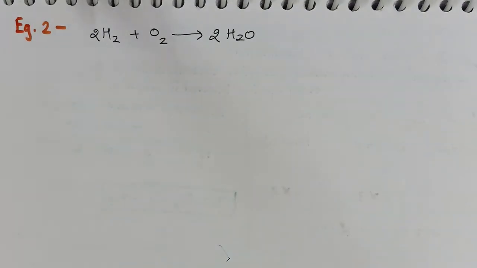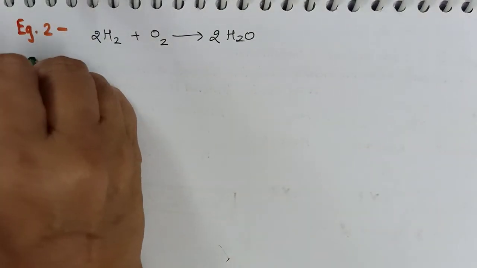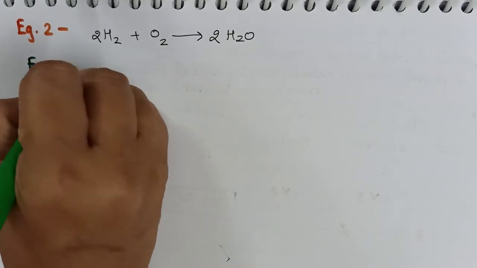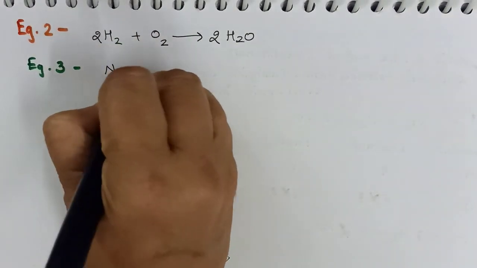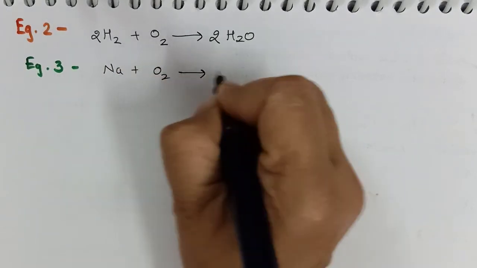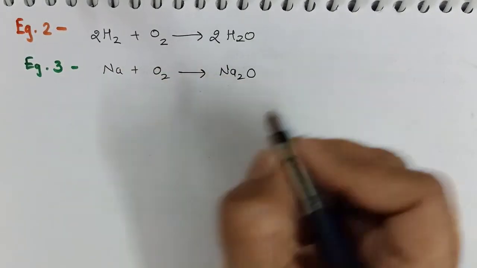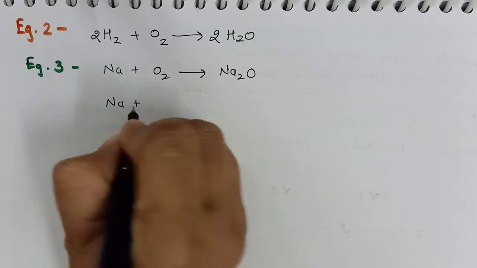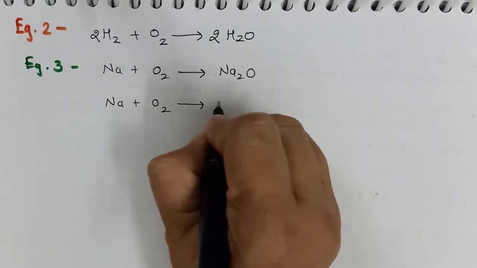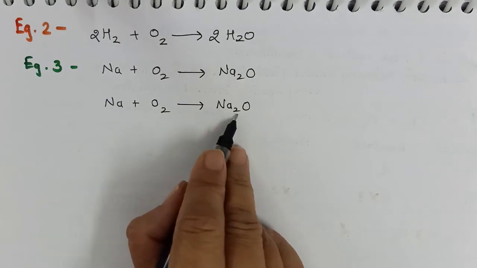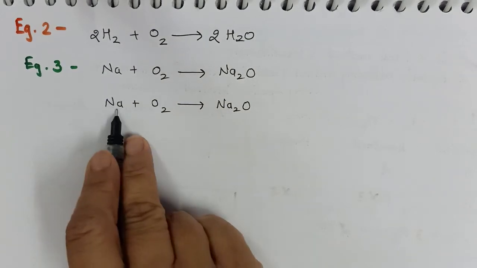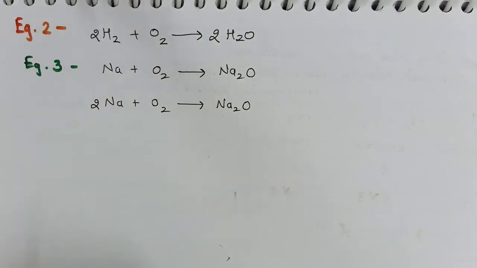Let us go to the next example. Sodium plus oxygen gives Na2O. So while balancing, now here I can see sodium there are 2 atoms on the product side but on the reactant side only 1. So I will write here 2.